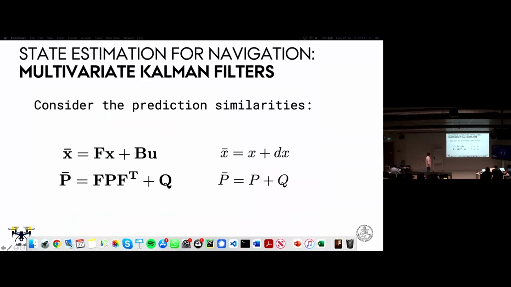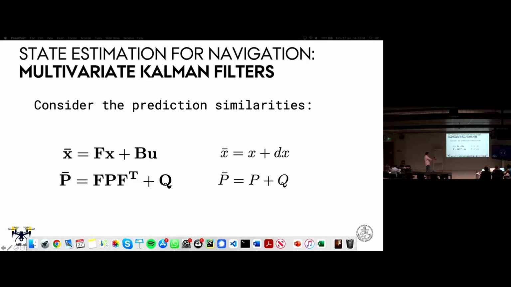Because the univariate case is so much easier, at least for myself, to understand, I tried to make a correlation between the multivariate and univariate case, and you can start to see the similarities between them.